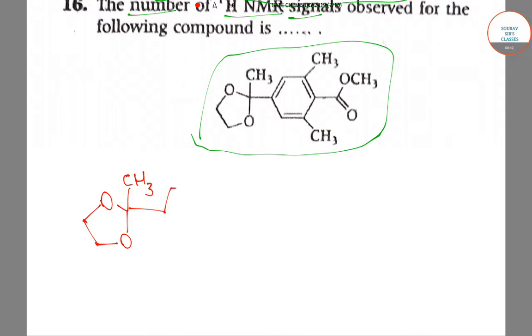I'll draw the structure, then point out which are the different kinds of hydrogen atoms present in this compound. As many different kinds of hydrogen atoms as are present in this compound, that many different signals would be observed for it.